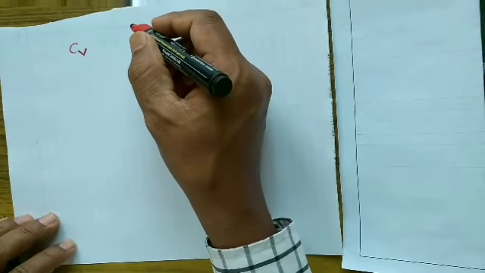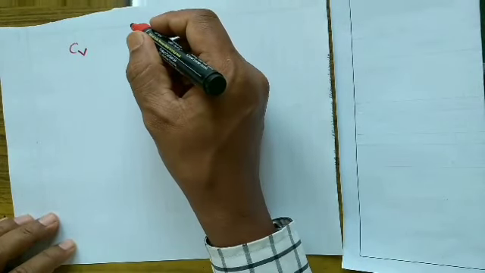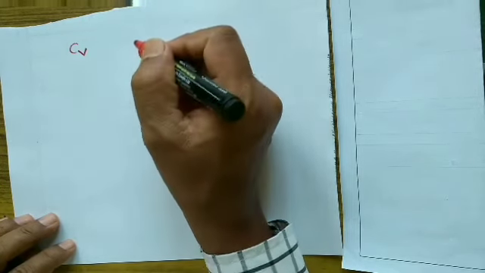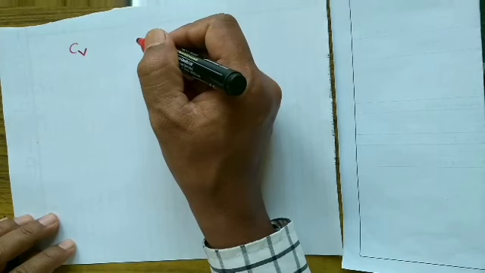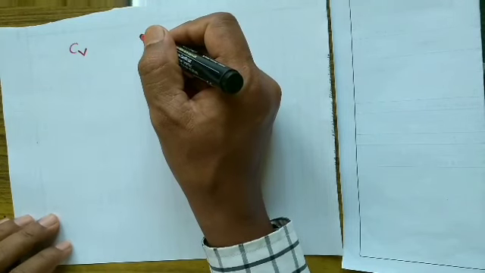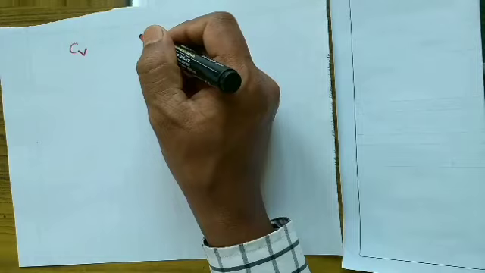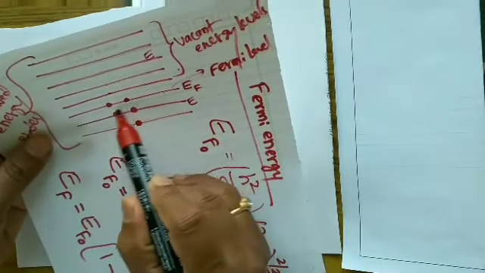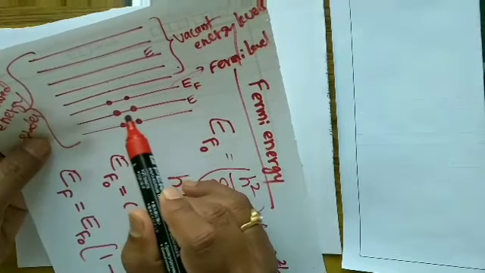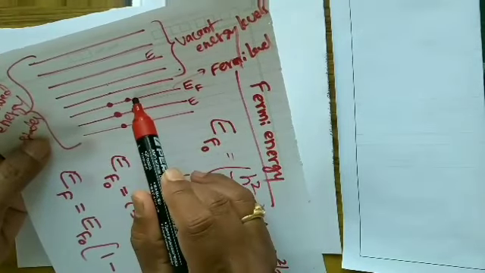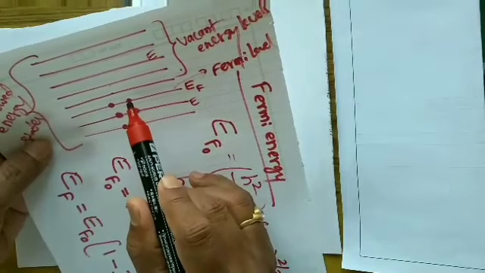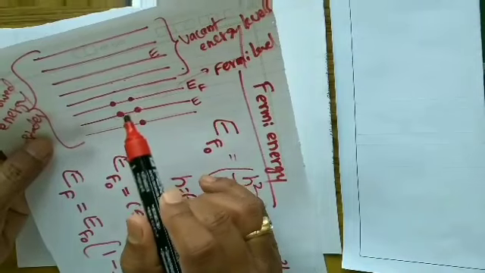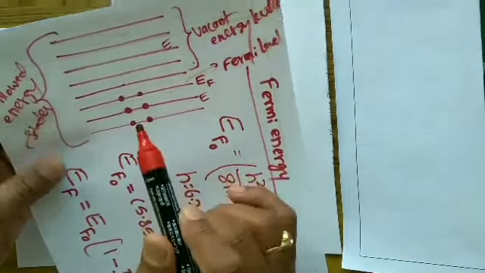But quantum free electron theory proposed that only a small number of electrons, those occupying the energy levels close to the Fermi level, can absorb the thermal energy. As a result, Cv is low. This is what was proposed by quantum free electron theory.